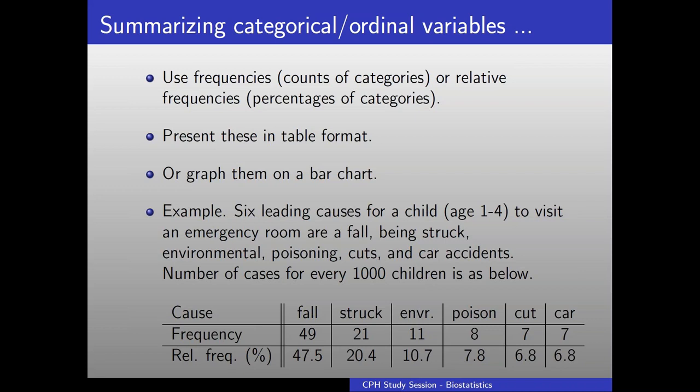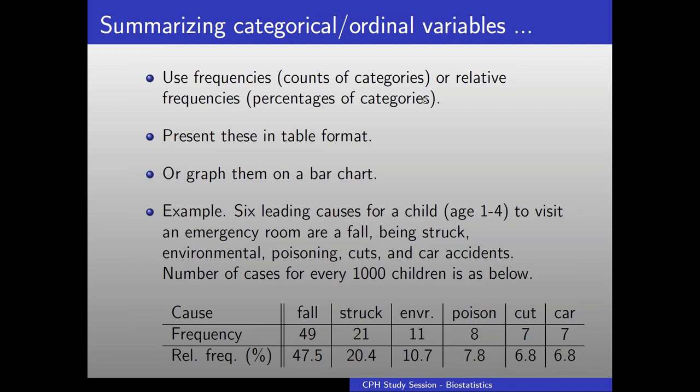So here's a very simple, fictitious example. Six leading causes for a child to visit an emergency room are falling, being struck by something, something environmental, poisoning, cuts, and a car accident. I've shown the number of cases for every 1,000 children. Okay, so that's the frequency. And then I've calculated the relative frequency based on the total number of cases I see. Okay.